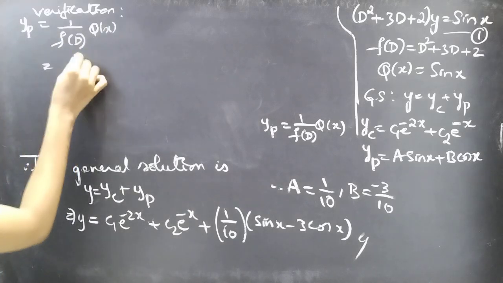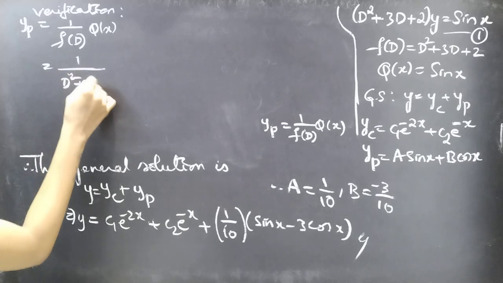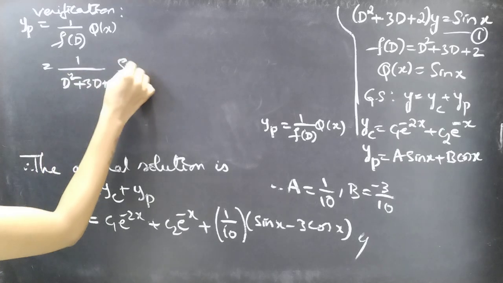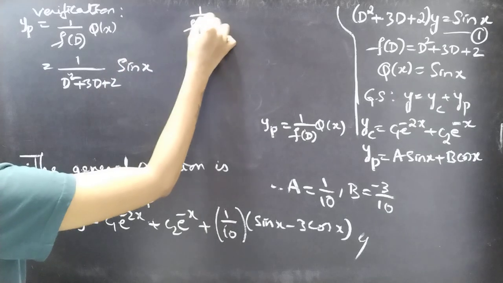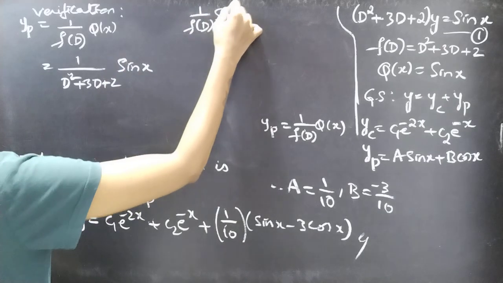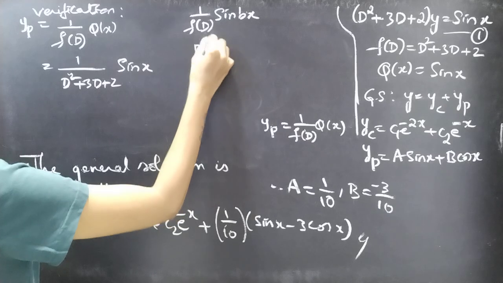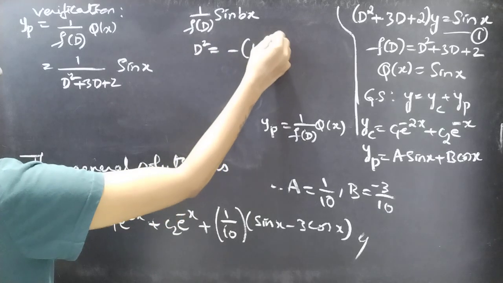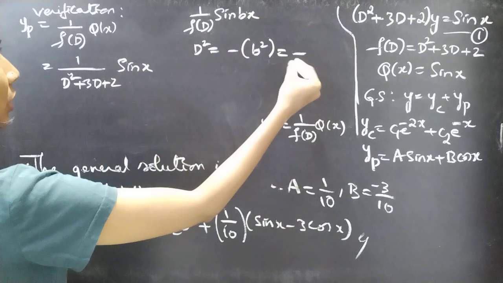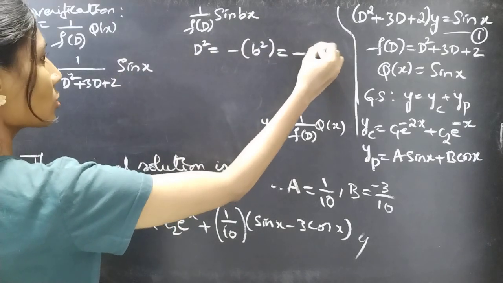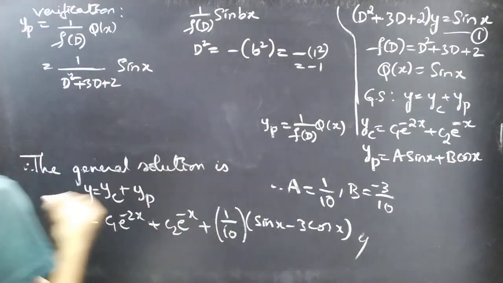Where f of d is d square plus 3d plus 2 and q of x is sin x. So this is of 1 by f of d into sin bx form, right? So here we need to find d square, which is minus of b square. Just compare sin x with sin bx, and for b equal to 1 we'll have minus 1 square, which is minus 1.